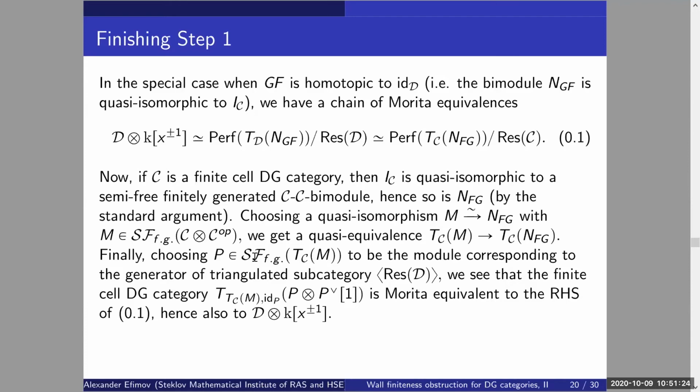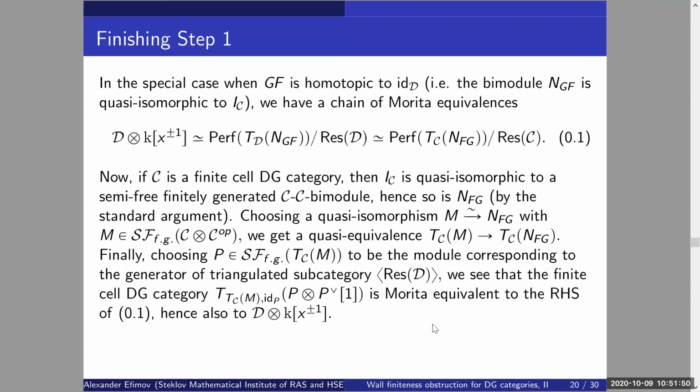And as I already explained, when we mod out by this P, we just take this deformed tensor algebra. And this is again a finite cell DG category, because tensor algebra of M is finite cell, and because P is semi-free finitely generated.